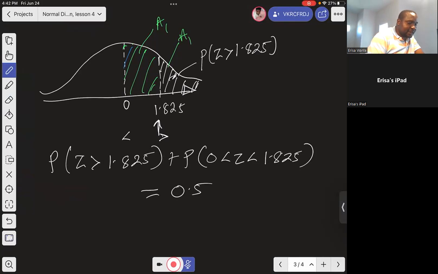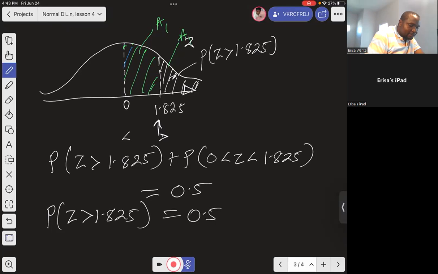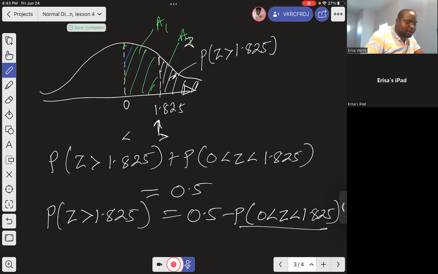So I need to read area 2. This is area 2, and this is area 1. Area 2 is the probability that Z is more than 1.825, which will be 0.5 minus the probability of 0 less than Z less than 1.825.